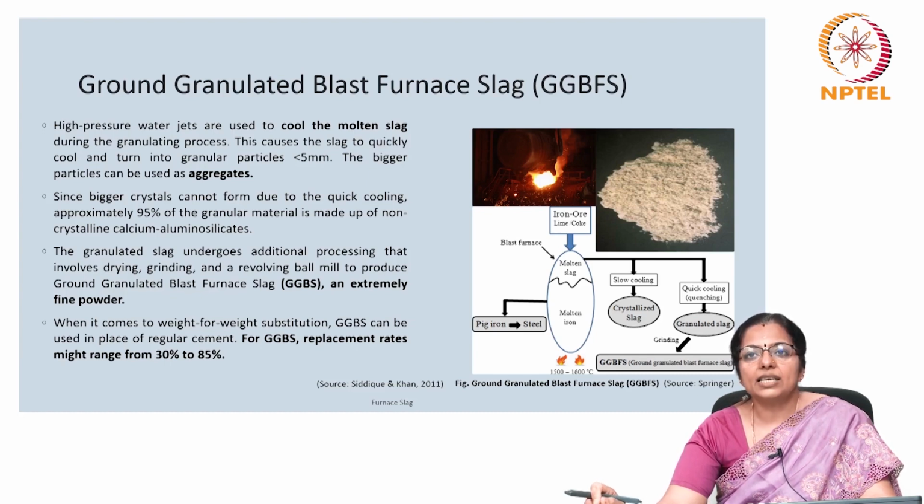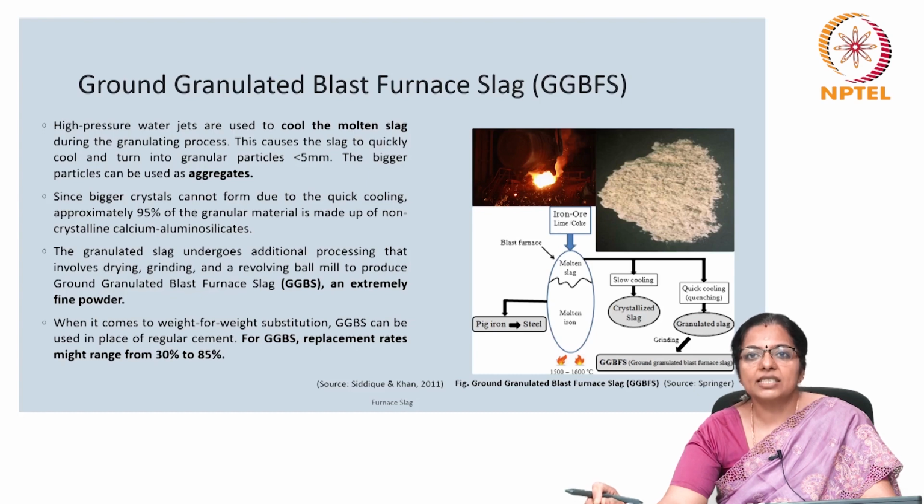The granulated slag undergoes further processing, including drying, grinding and treatment in a revolving ball mill. The end product is ground granulated blast furnace slag. It is an extremely fine powder with enhanced properties.